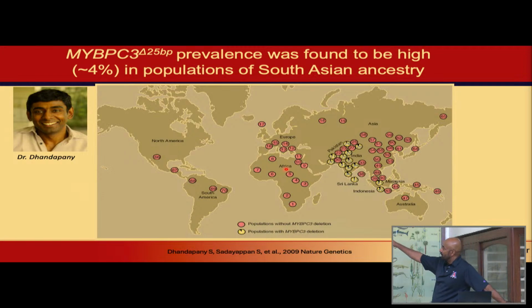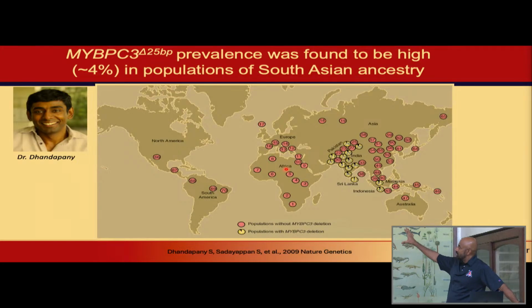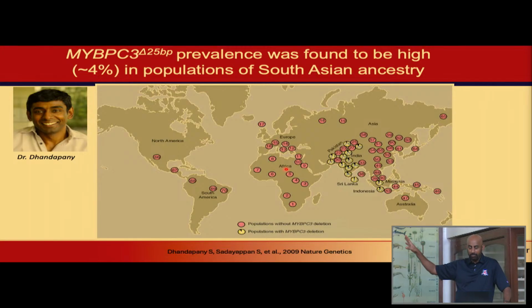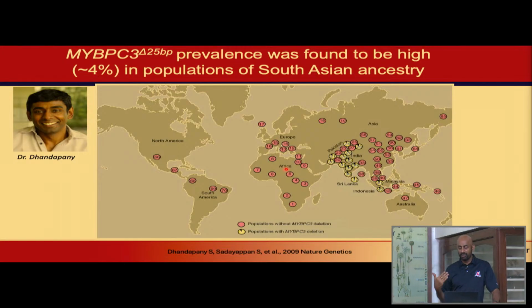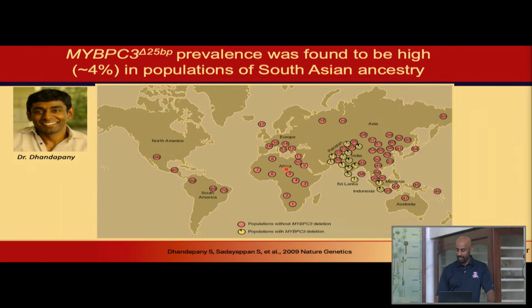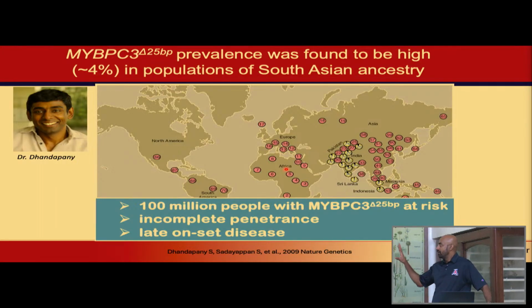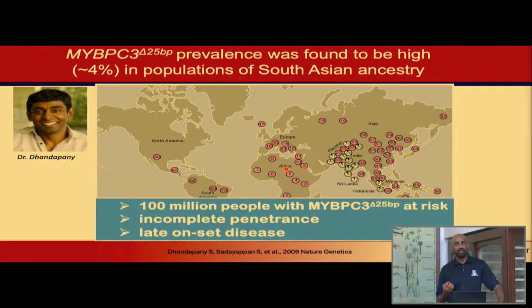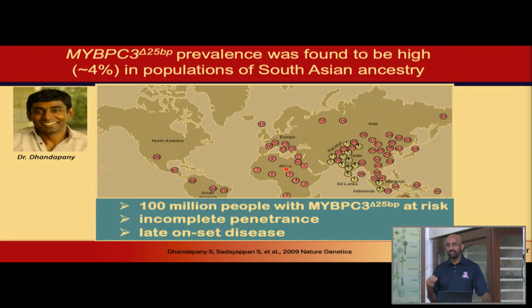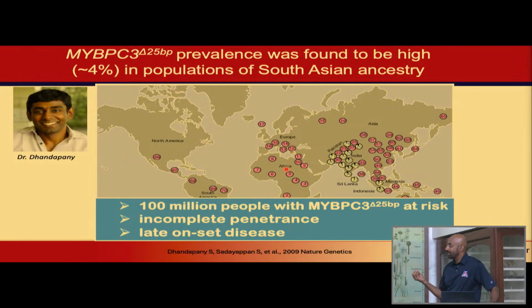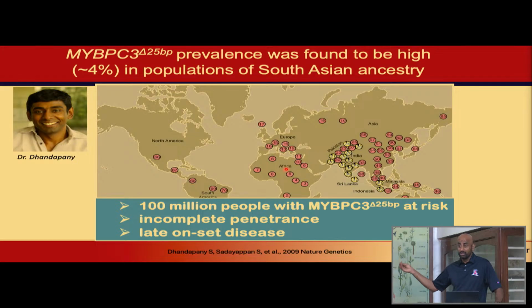And you can see the yellow spot, that's the region where the 25 base pair deletion is present. It's almost 4% of the population that carry this variant. Based on today's population, we expect over 100 million people to live with this variant.